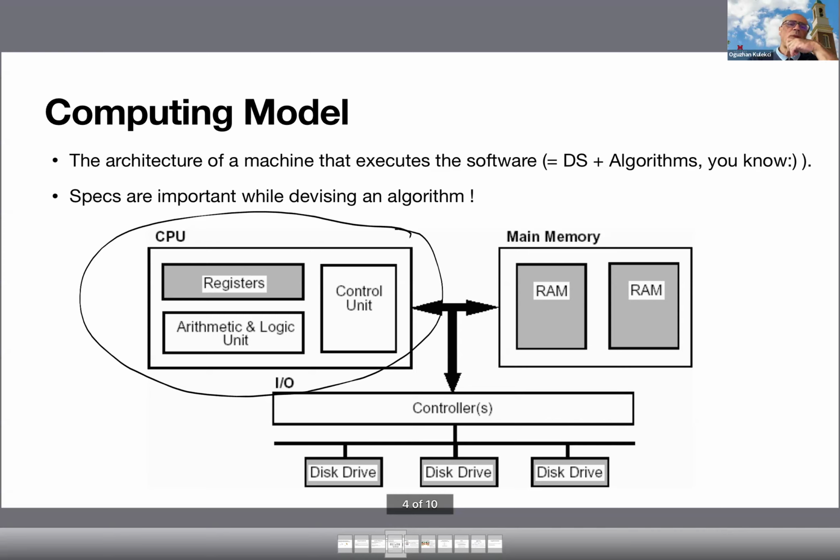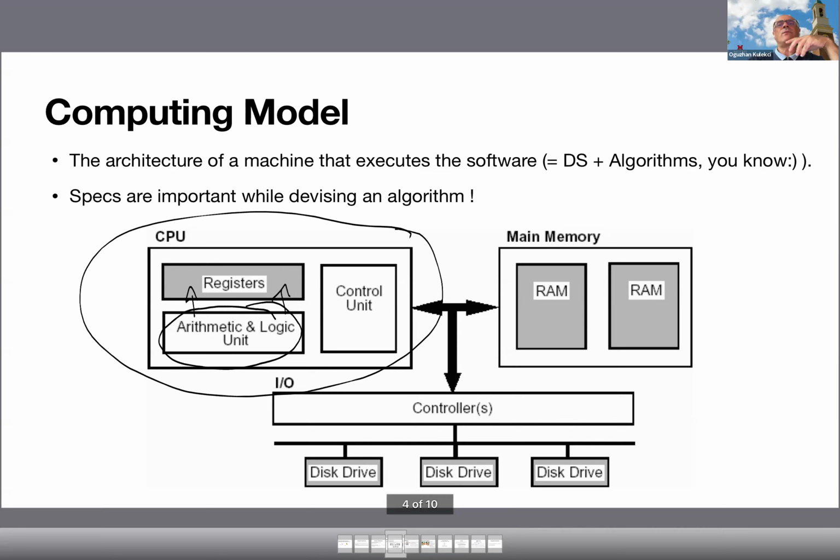Okay, so in a CPU, we have the arithmetic logic unit. So that is where your instructions are executed. It is important to understand that the arithmetic logic unit can only access registers. The arithmetic logic unit cannot access RAM.